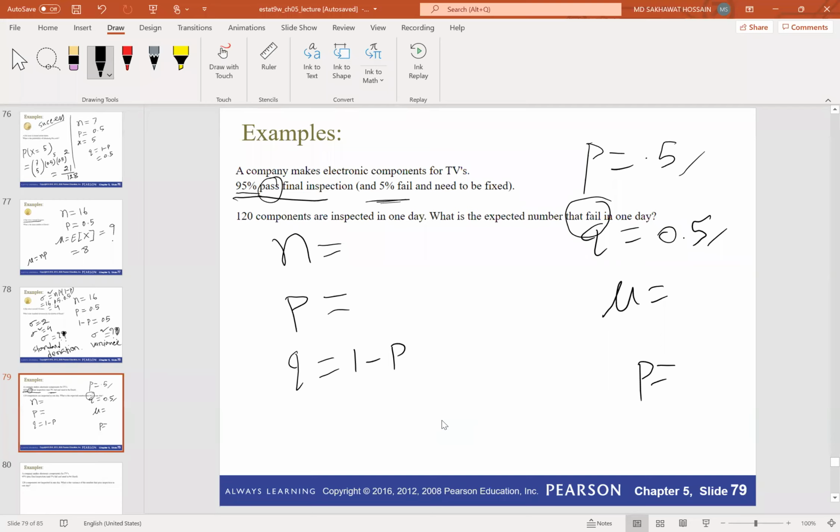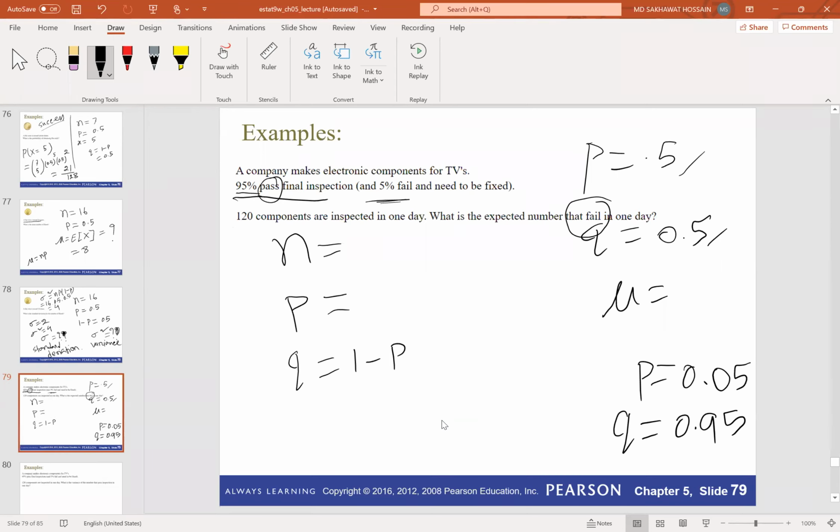This is not the success here. In a binomial distribution, the success is what we are interested in. Here we are interested in the number of fails. So the success is 5%, and the probability for success is 0.05. And the probability for failure is 0.95. q is equal to 0.95.